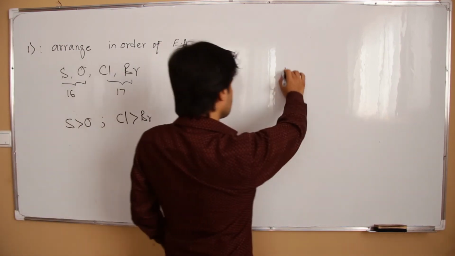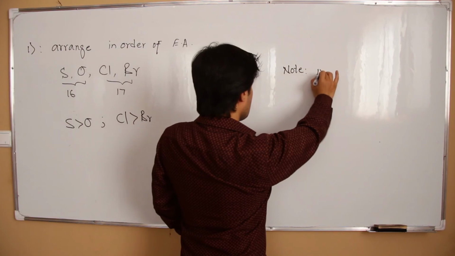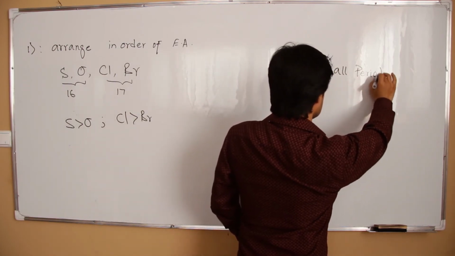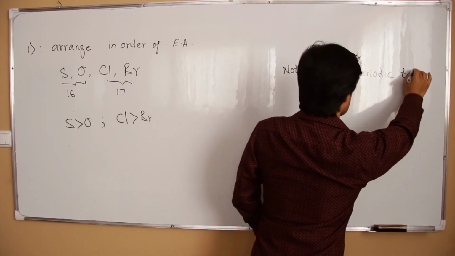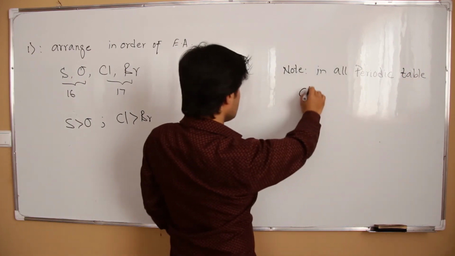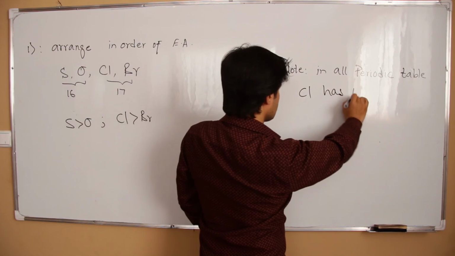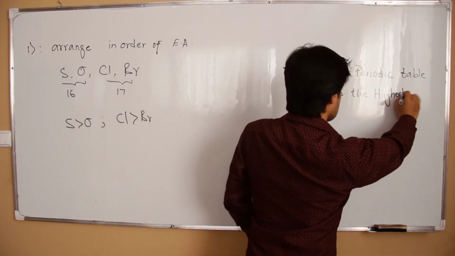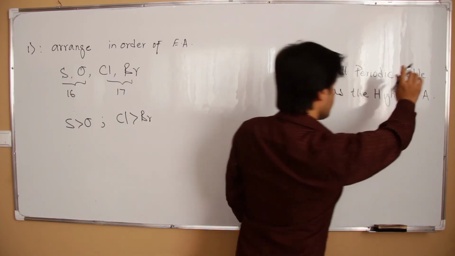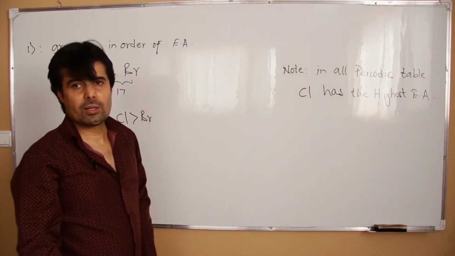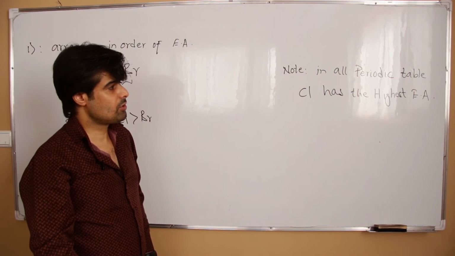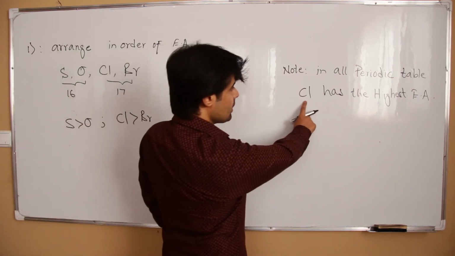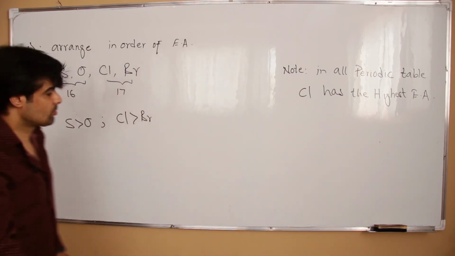Note, in the whole periodic table, chlorine has the highest electron affinity. When we talked about ionization energy, helium had the highest, and here chlorine has the highest electron affinity.